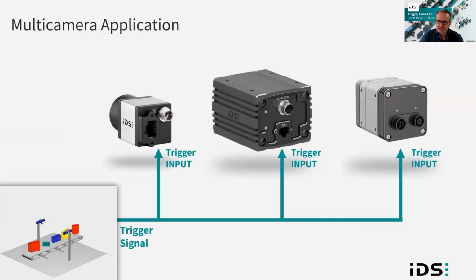So now we come to the next slide. This is why often it is not easy to operate or expose cameras completely synchronously, especially in applications with multiple cameras, if they are configured differently, or if you also use different cameras.